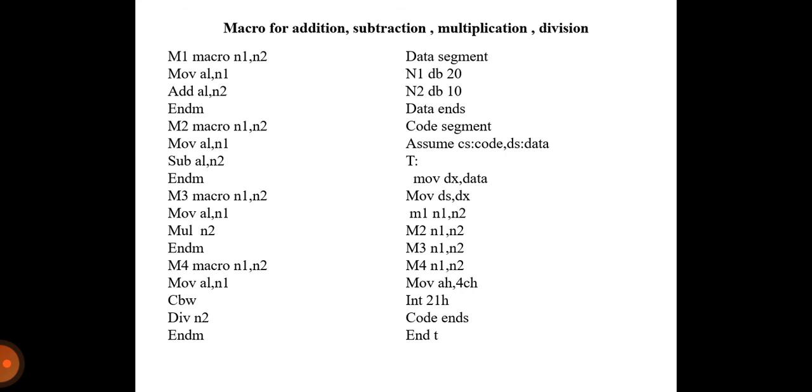Then macros for addition, subtraction, multiplication, division. One macro for addition, one for subtraction, one for multiplication, and one for division, and each macro takes two parameters n1 and n2, and while calling those macros we need to pass values for those parameters. You can see m1 is for addition, m2 is for subtraction, m3 is for multiplication, m4 is for division.